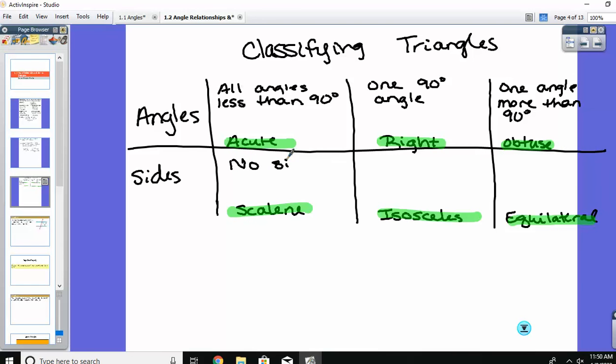No sides the same. They're all different measures. What's isosceles? And what about equilateral? 3 equal sides. Every side is the same. Questions?